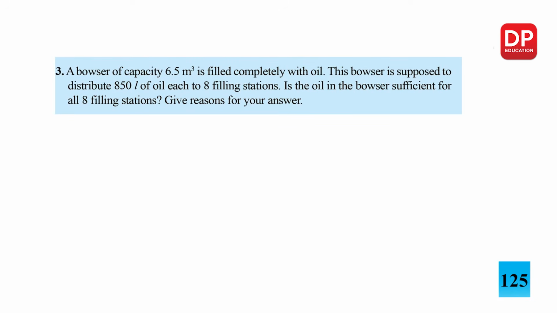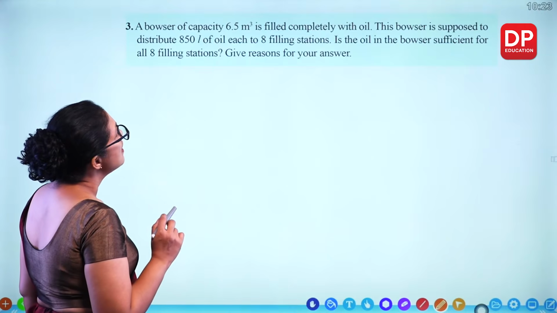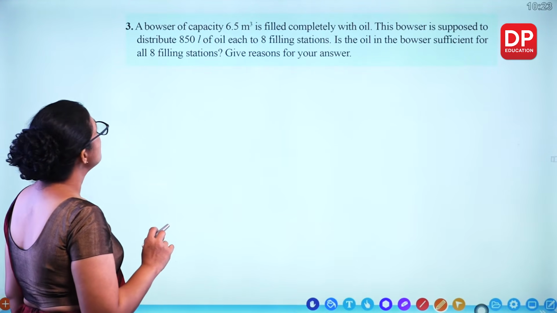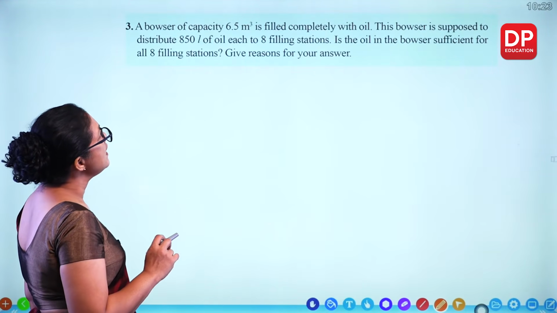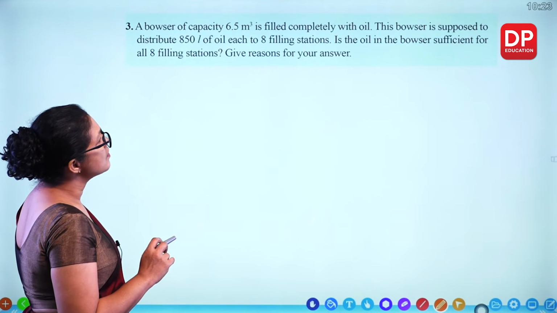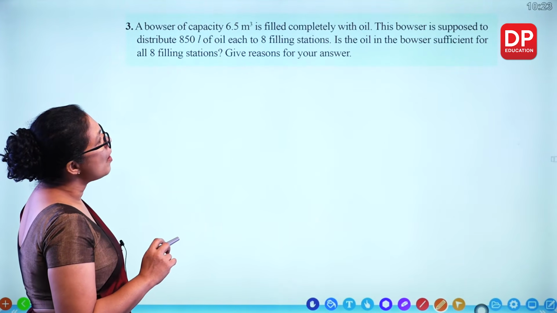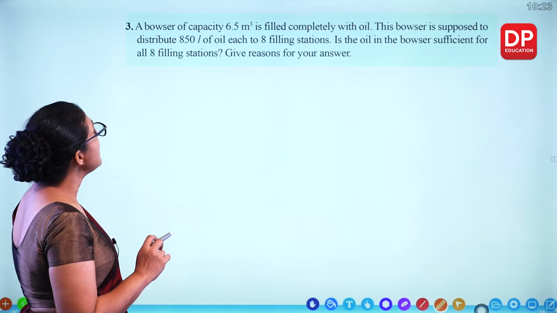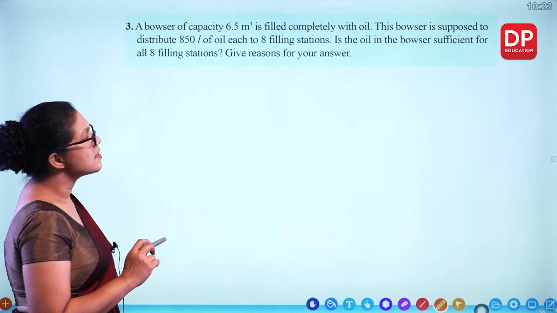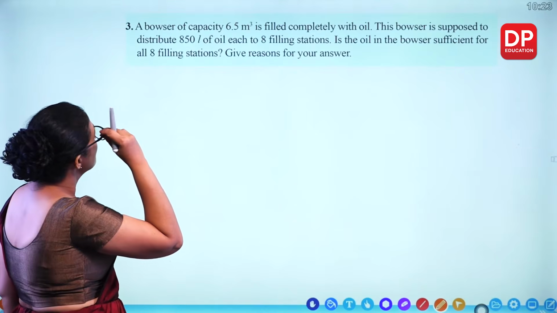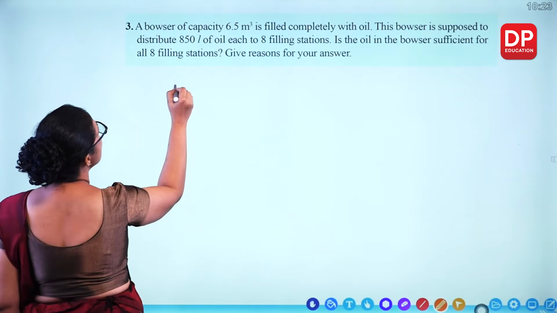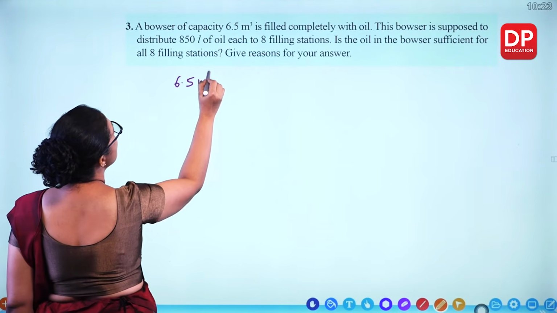Question number 3. A bowser of capacity 6.5 cubic meters is filled completely with oil. This bowser is supposed to distribute 850 liters of oil each to 8 filling stations. Is the oil in the bowser sufficient for all 8 filling stations? Give reasons for your answer. So the capacity is 6.5 cubic meters.